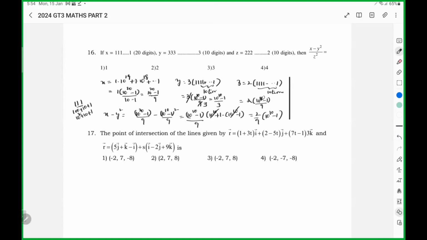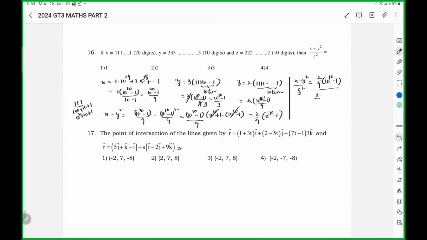Here, x minus y square by z square. 2 by 9, 10 power 10 minus 1. Z square is 2 by 81.